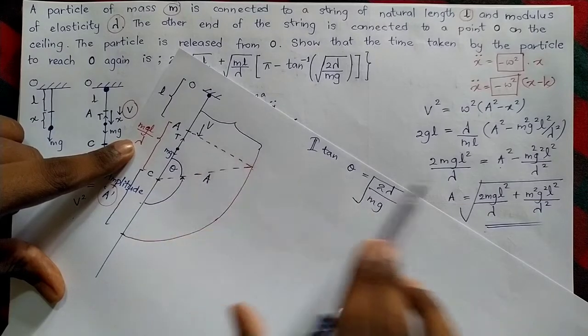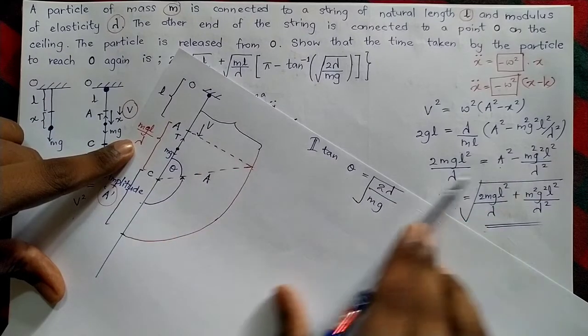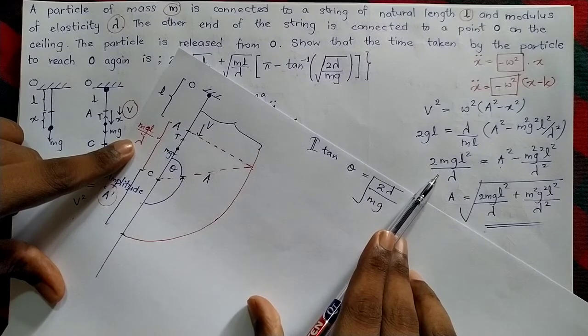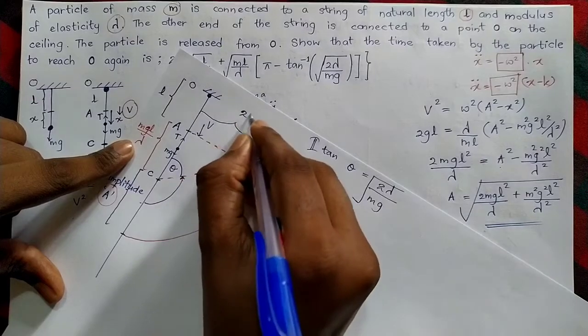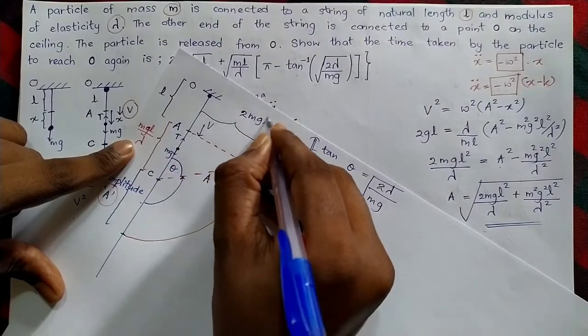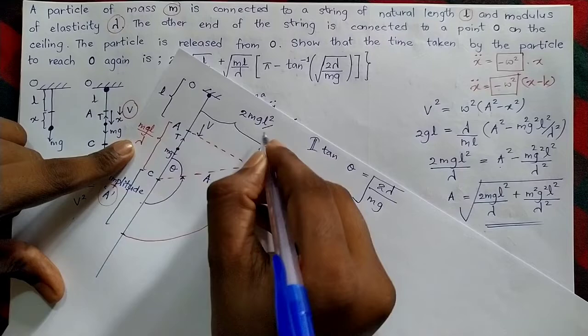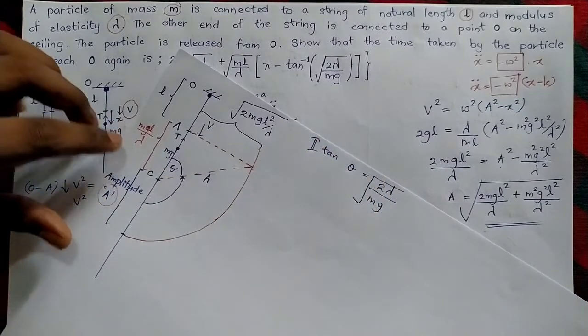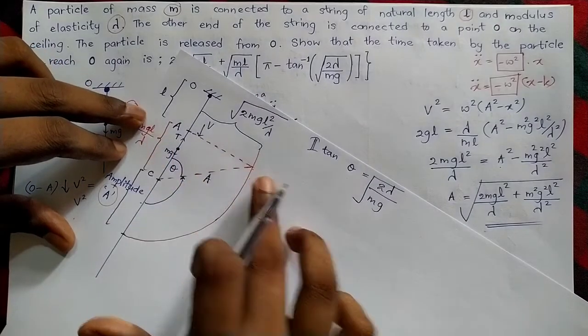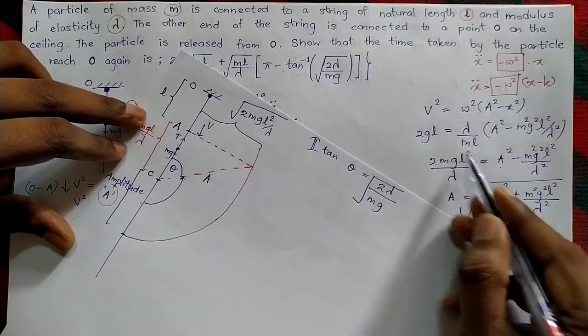Okay, then from this relationship I can say this one is equivalent to what we have here. What is that? 2mg L square over lambda, but it is a length. I have to take the square root.